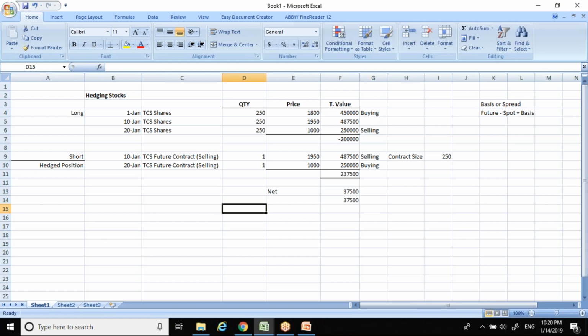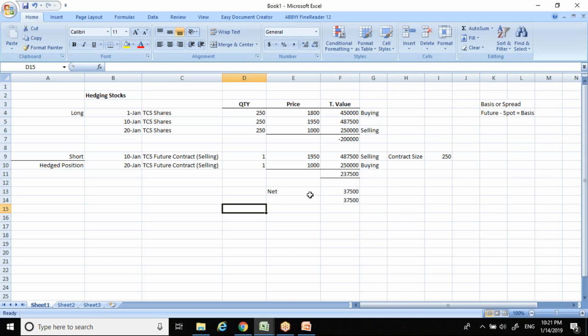Similarly, now, here the future prices are almost the same. First of all, on the date of expiry, the future and spot prices will be the same. Why? Because there will be no opportunity cost involved. So the contract price and the share price are the same.